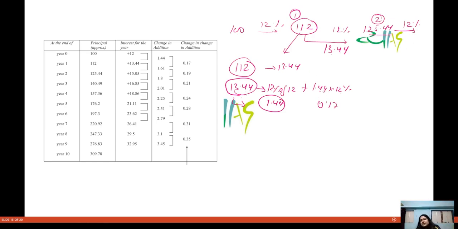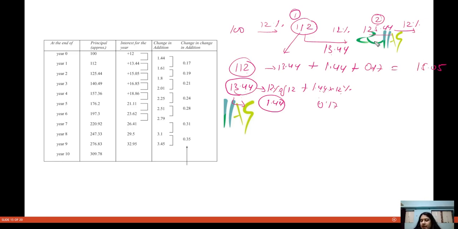So basically, we have to calculate 12% of this 112. So that is 13.44, plus we know 12% of 12 is what? 1.44. So add this as well, plus we'll add 0.17 more, because that is 12% of this 1.44.